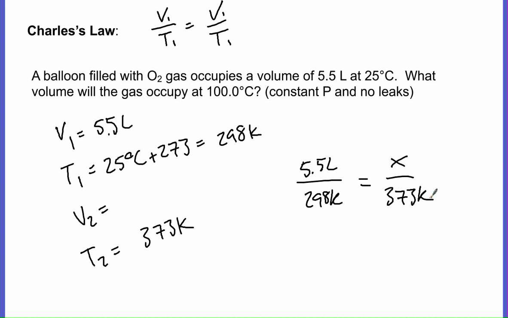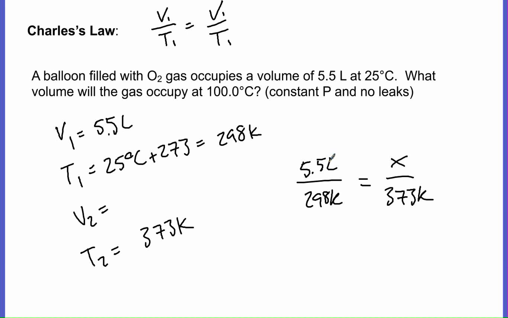So I just got to multiply, divide, and get an answer. Hold on a second, I got to grab my calculator, forgot it across the room. But if I calculate this real quick, 5.5 times 373, divide that by 298, I'm going to get 6.88422.